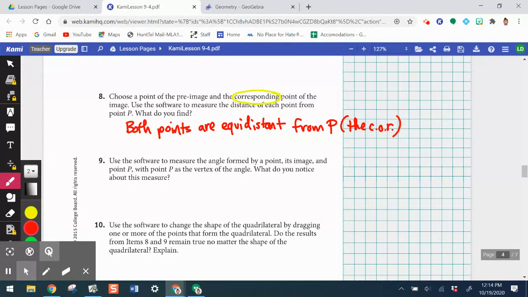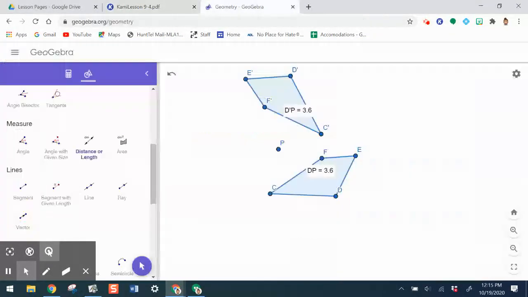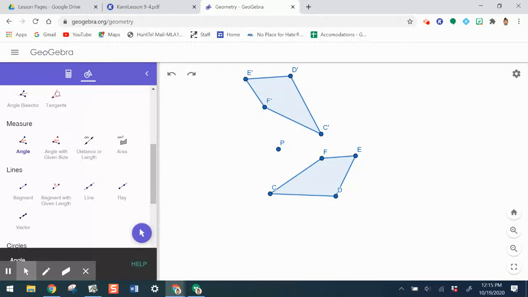So then item 9, recall what it said, use the software to measure the angle formed by a point, its image, and the center of rotation. So let's go take a look at that. So we are to find the angle between corresponding points and the center of rotation. So again, I don't actually think we have to draw the angle itself. We just select those three points.